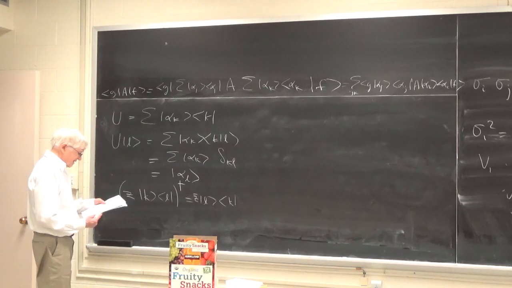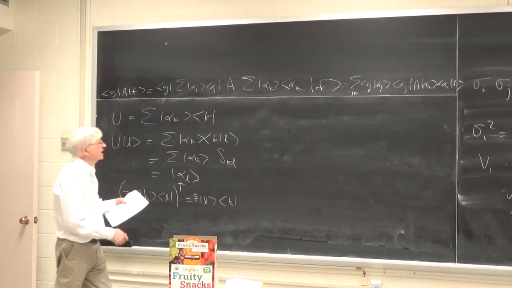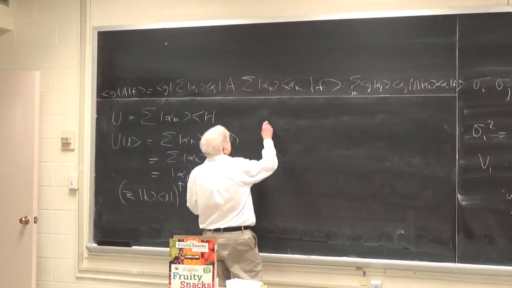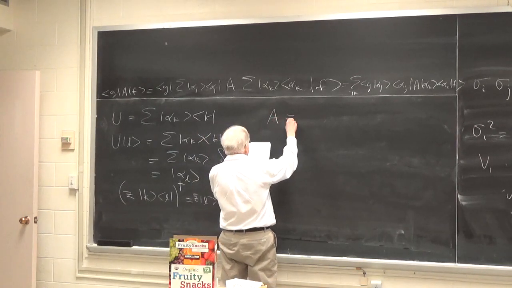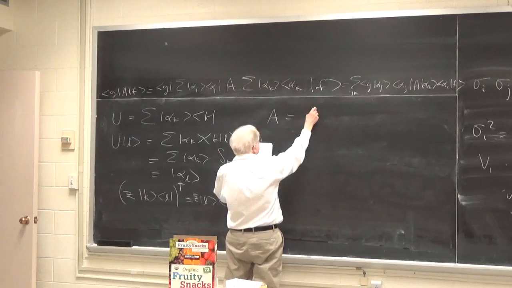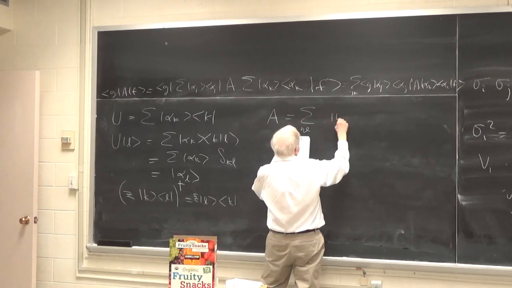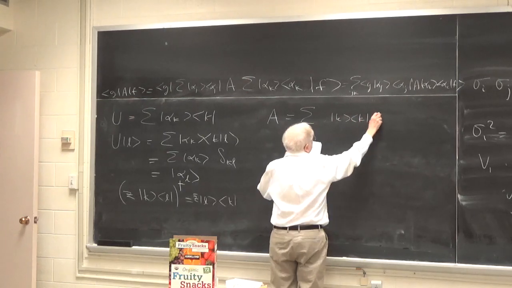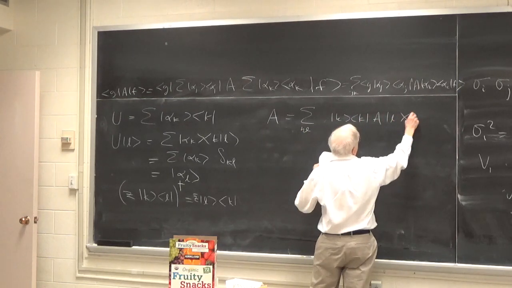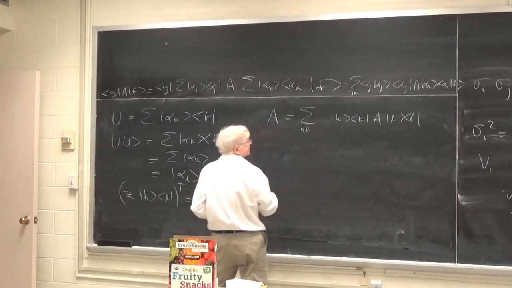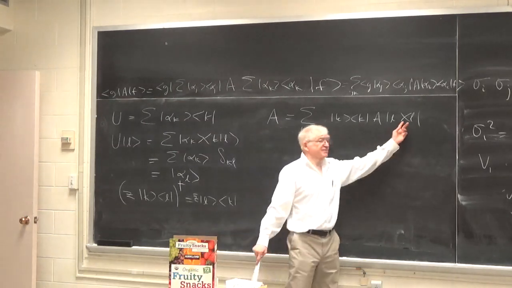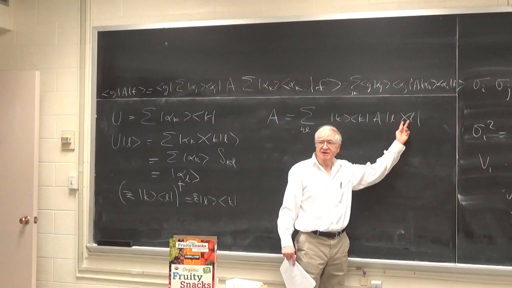All right. Let's suppose that we have this most general linear operator. Then it's going to be a sum on k and l of |k><k| A |l><l|. Notice I lapsed into my shorthand.